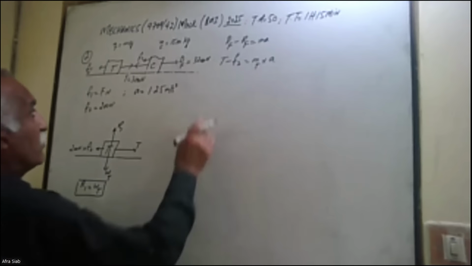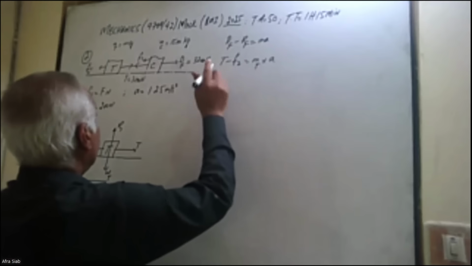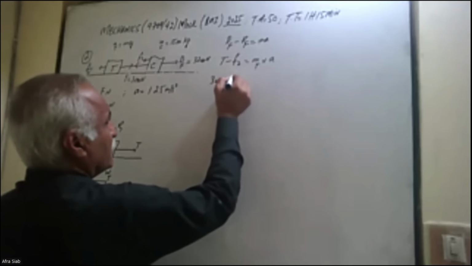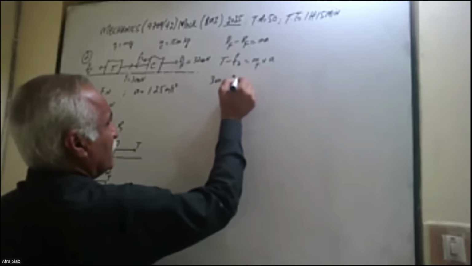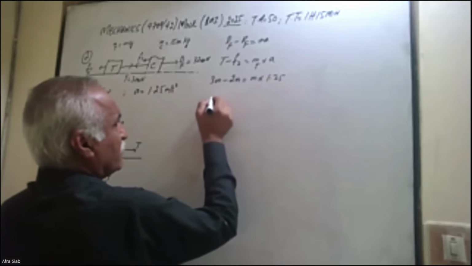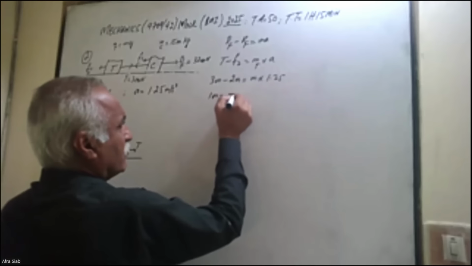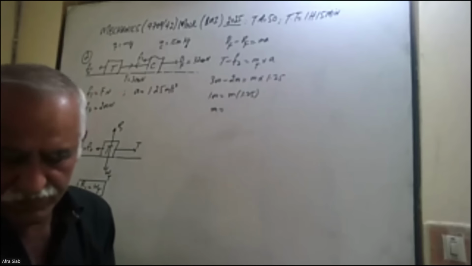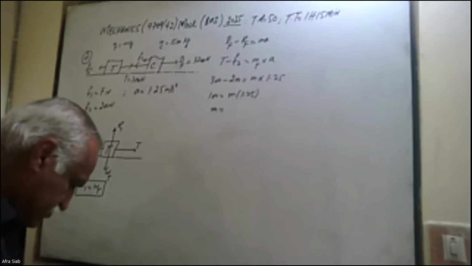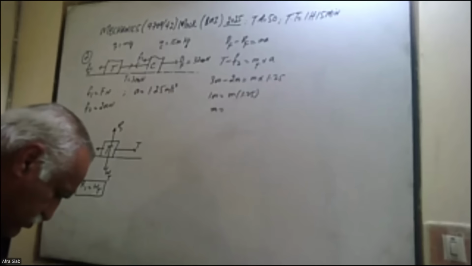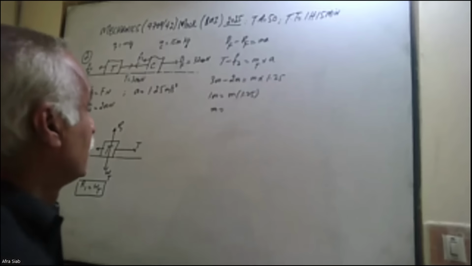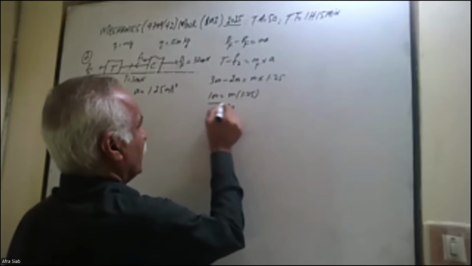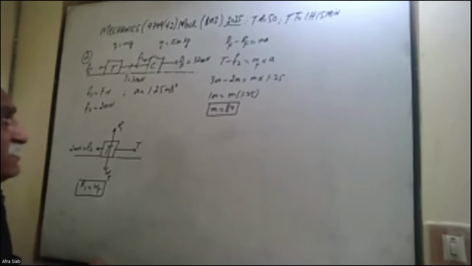The tension is 300 Newton minus the frictional force 200 Newton, equal to the mass of the trailer m times the acceleration 1.25. So 100 equals m times 1.25, so the mass will be 80. This is the value of m, equal to 80.